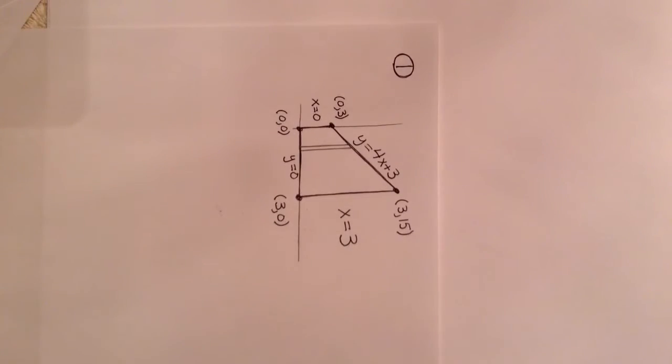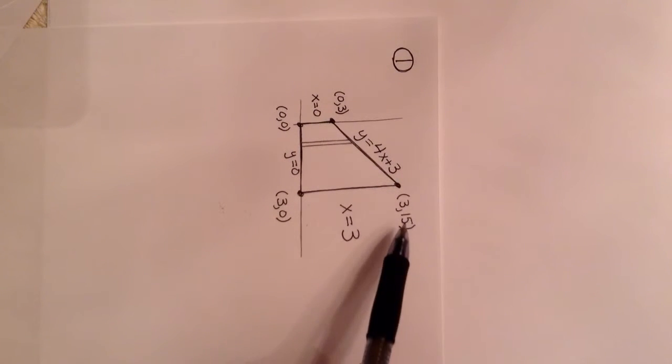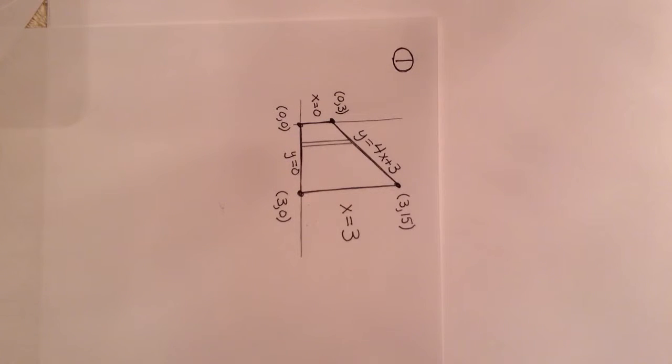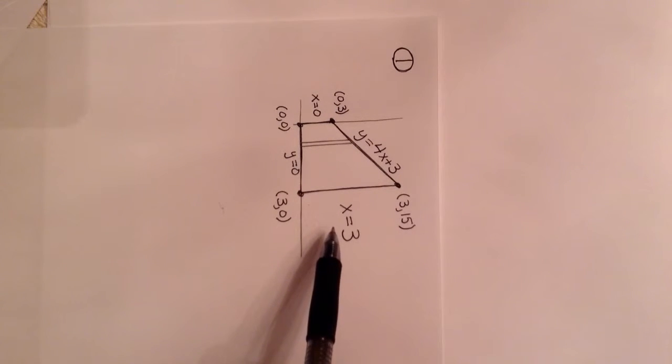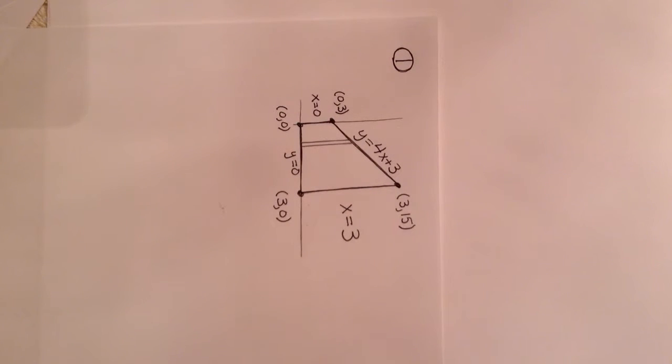So first of all, if we look into the determination of the area in this problem, in the construction, for the graph itself, we have a quadrilateral, and key corner points we have are (3, 15), (3, 0), the origin, and (0, 3). And once again, for the given functions, we have x equal to 0 and x equal to 3, the vertical boundaries, and y is equal to 0, and hovering above, we have y is equal to 4x plus 3.